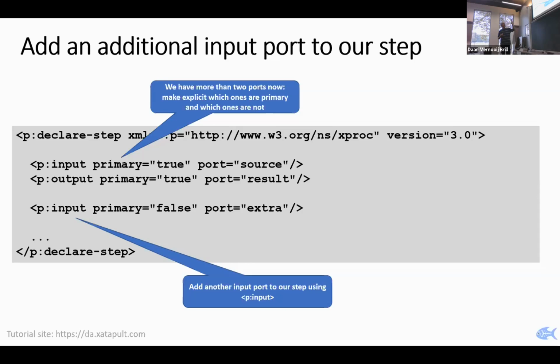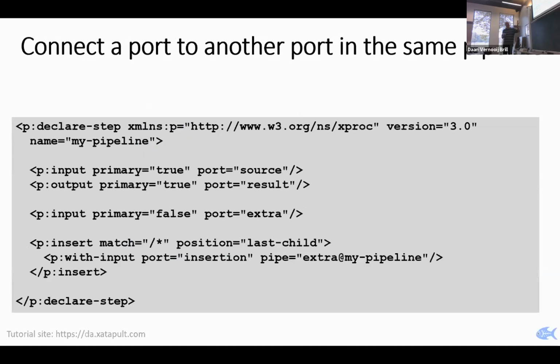Okay, so we have declared an additional input port on our step where we can push another document in. So how are we going to use that? That is not more complicated. The first thing you should know is that if you want to connect to a port of something in an XProc processor, this something, whether it is the outermost declare step or one of the innermost steps inside your pipeline, needs to have a name.